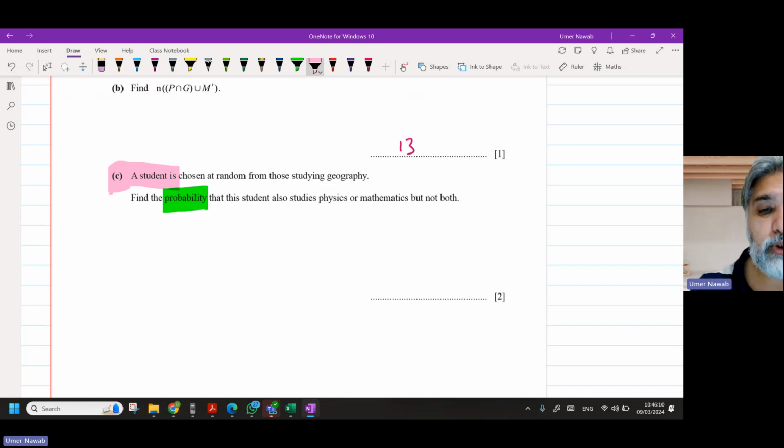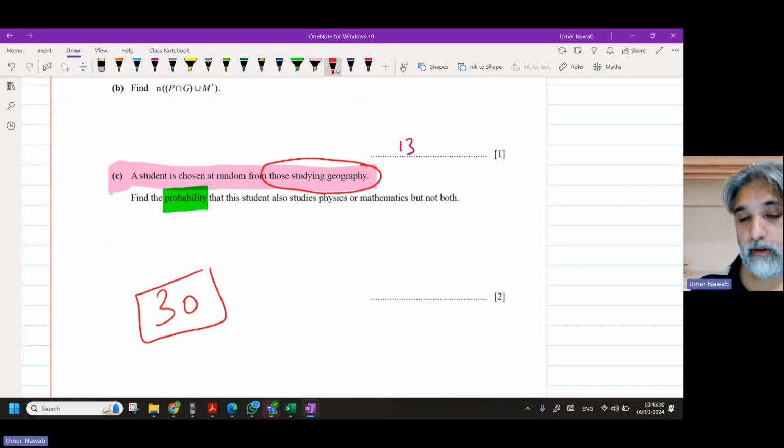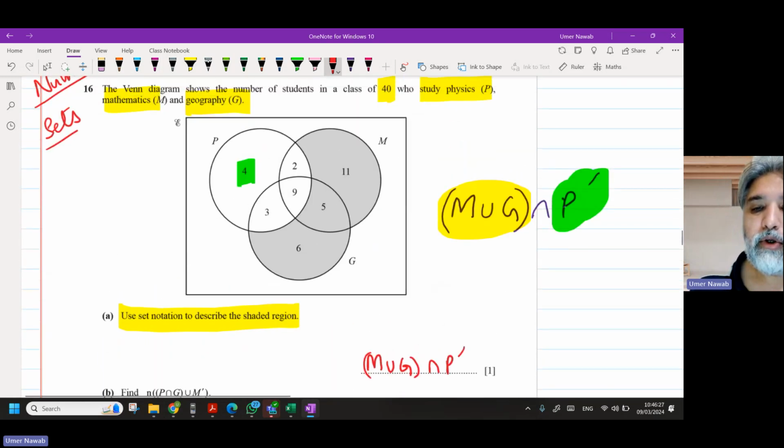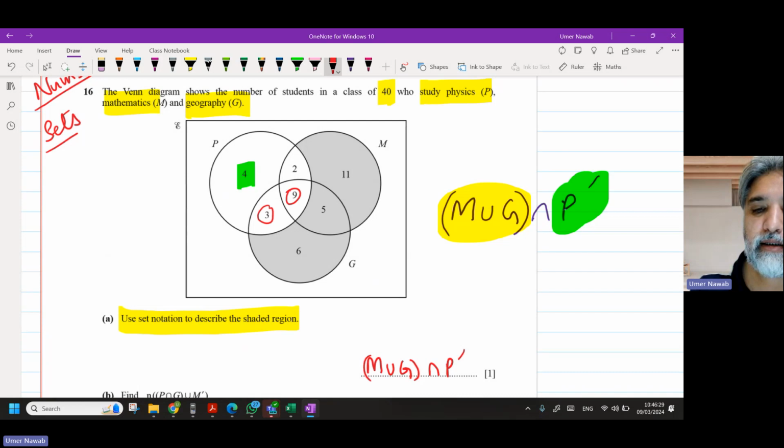A student is chosen at random from those who are studying geography. So this is conditional probability. He's not picking the students from the total class of 30 students. No, he's not picking. He's picking from geography. So where is geography, guys? So geography is this, this, and this.